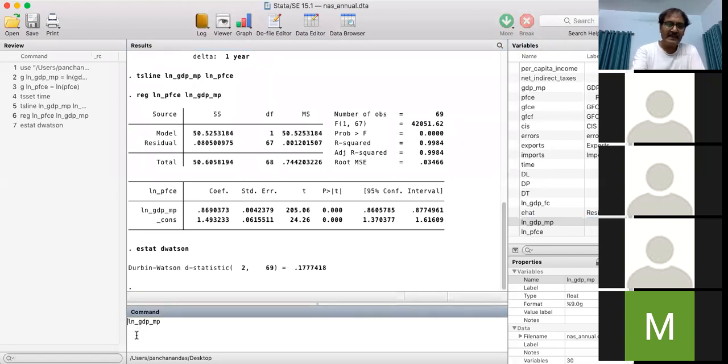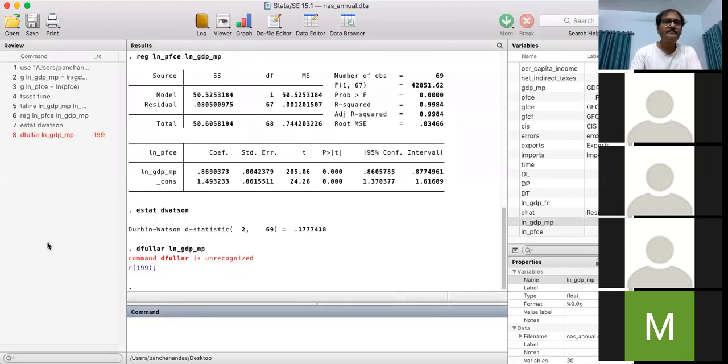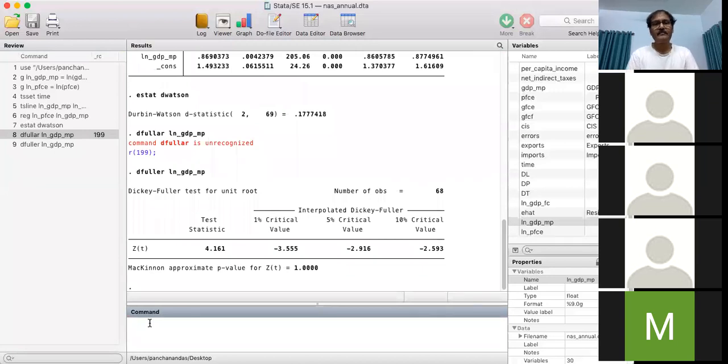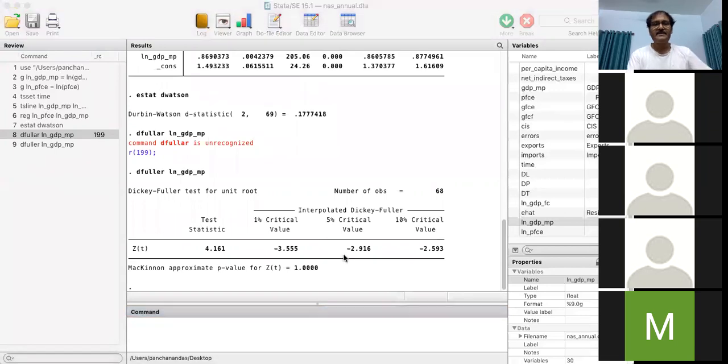So I am using here simply D-Fuller. So there is spelling mistake. So this is the result for Dickey-Fuller test.